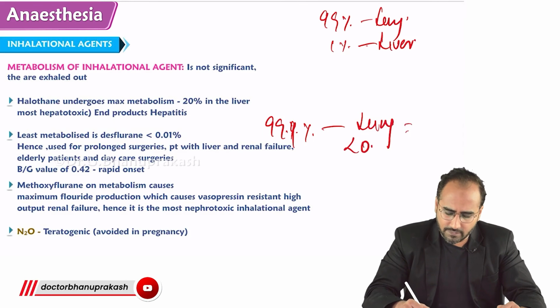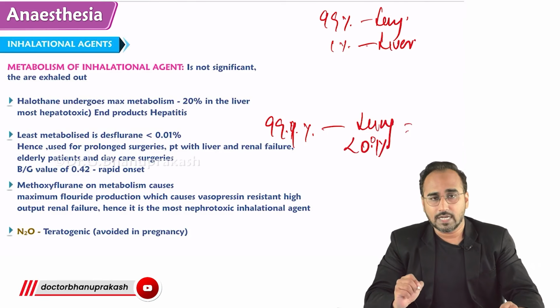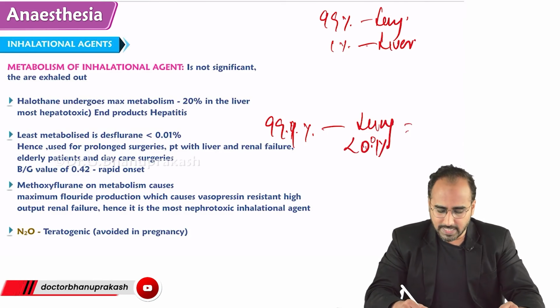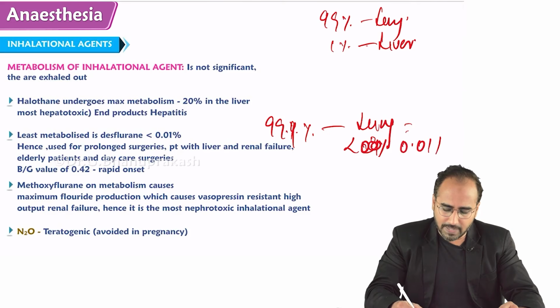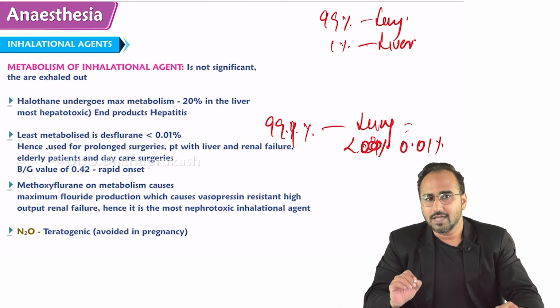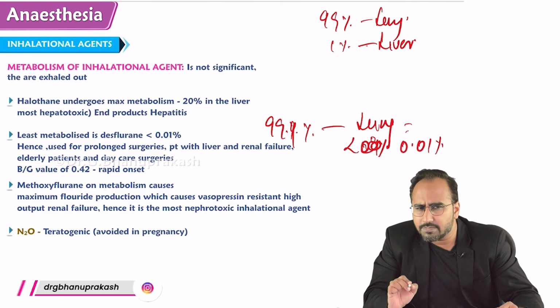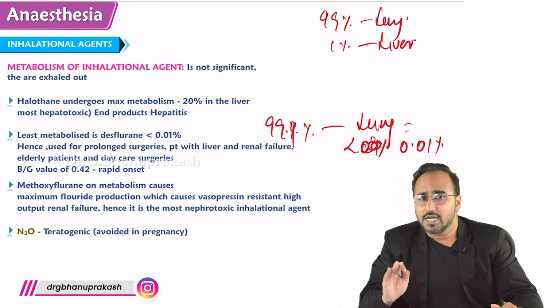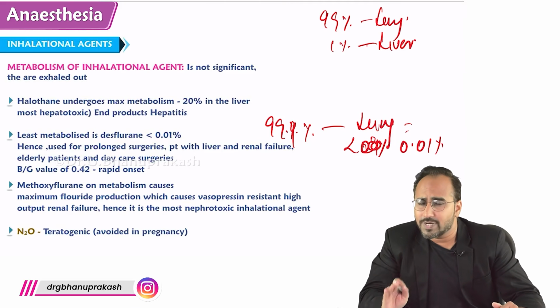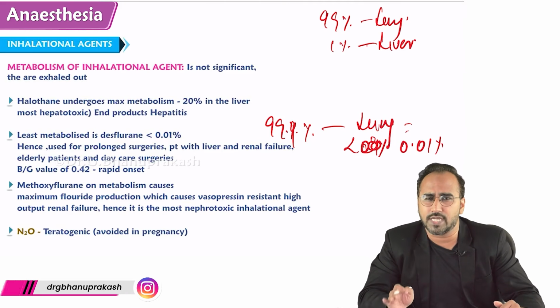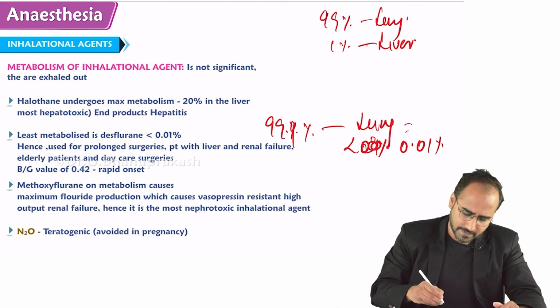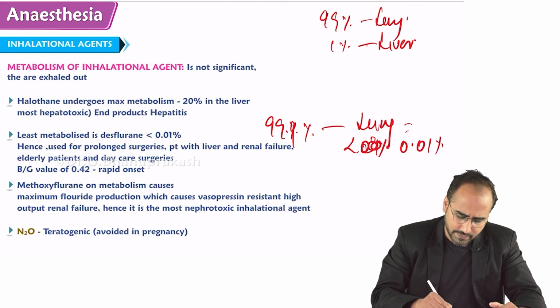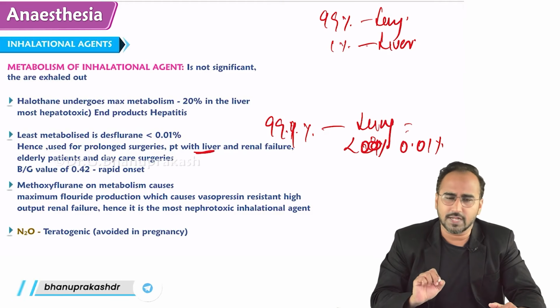Less than 0.01% depends on the liver. As Desflurane is least metabolized in the liver and has least problem with the liver, I can say that Desflurane is the inhalational agent of choice for hepatic and renal failure.